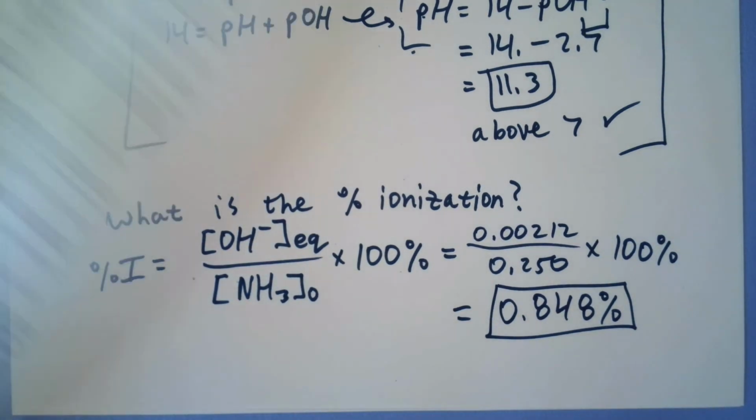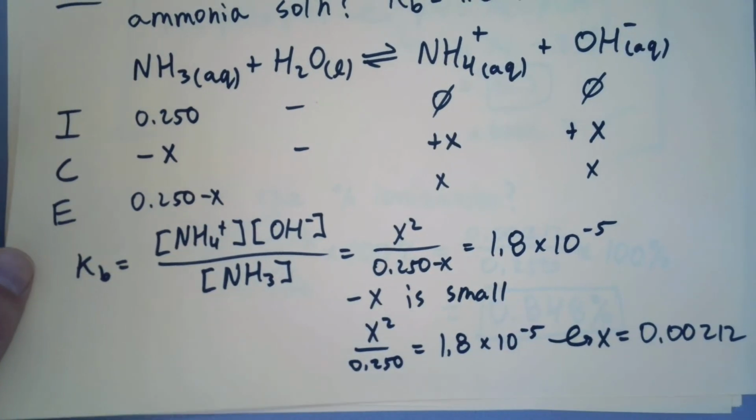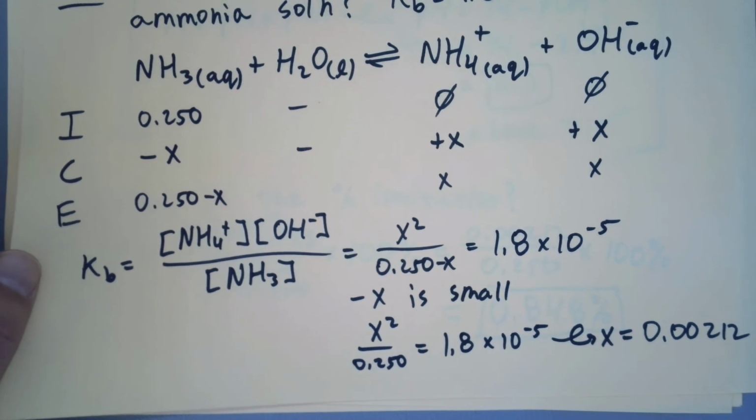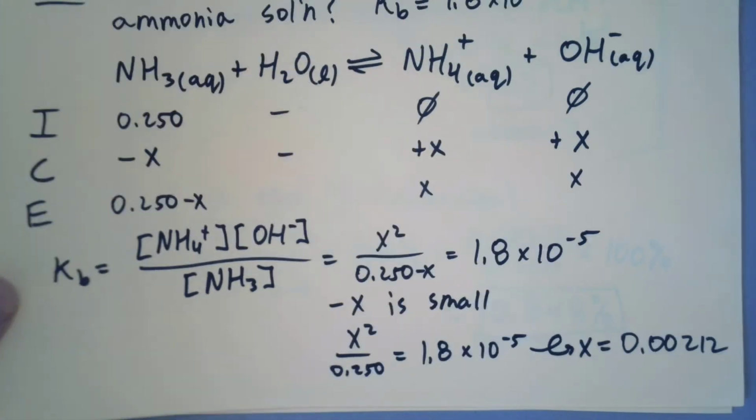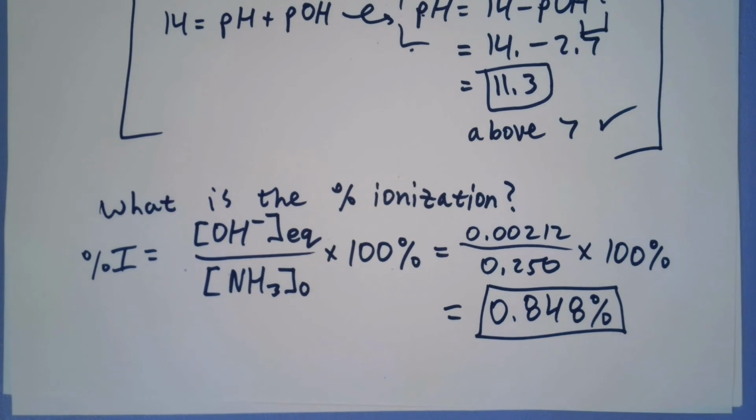But yeah, and so that's what we do. So again, ice tables aren't going away. They're not going to go away for several weeks. As long as we're doing equilibrium stuff, ice tables are very much in play. So be aware. Good news is you'll have plenty of opportunity to practice them. So, if there was something not quite clicking last week, it will this week, hopefully.